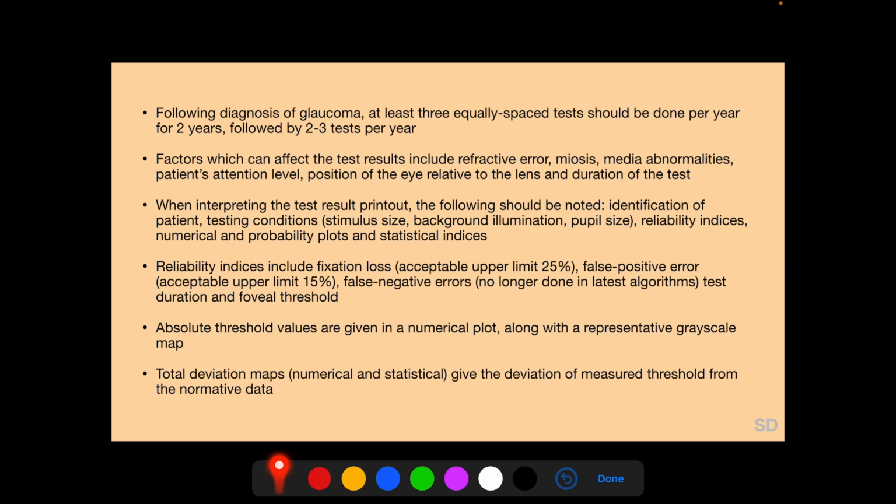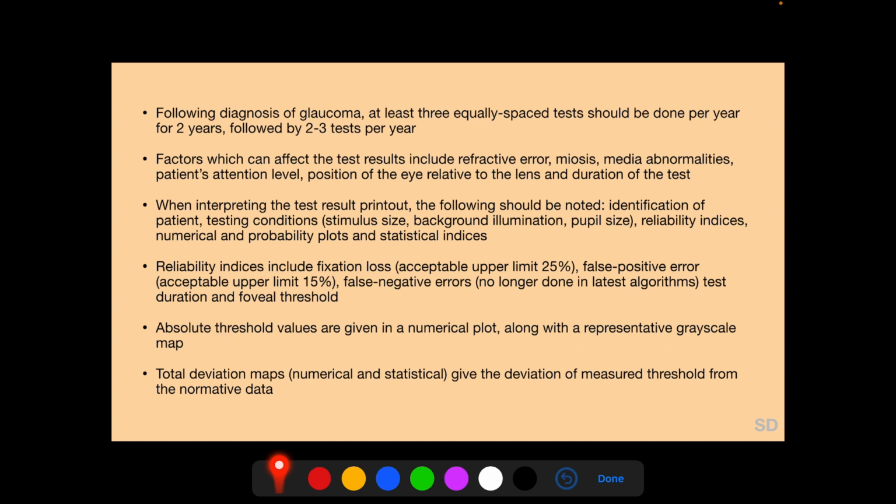Reliability indices include fixation loss whose acceptable upper limit is 25%, false positive error whose acceptable upper limit is 15%, and false negative errors, which is actually no longer done in the latest generation of algorithms. Test duration and foveal threshold are also given along with the reliability indices in the test report.